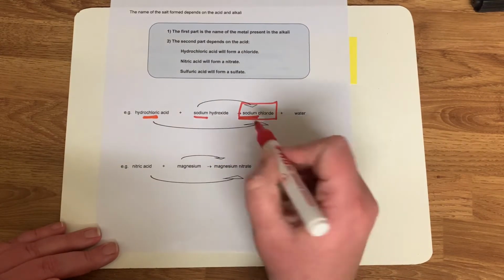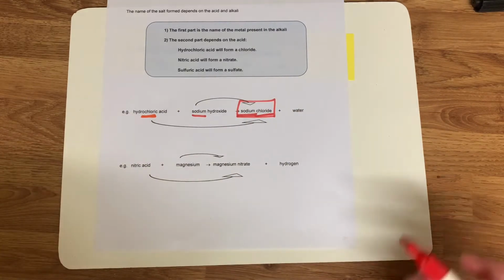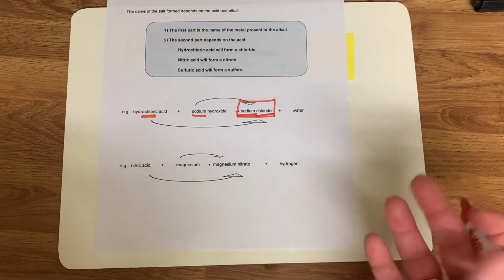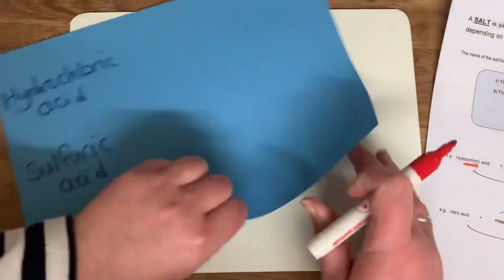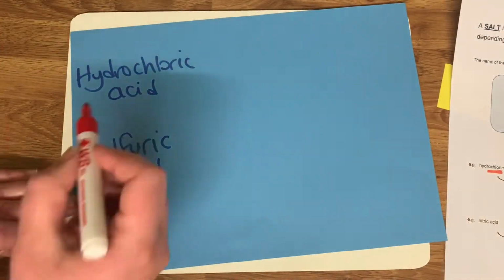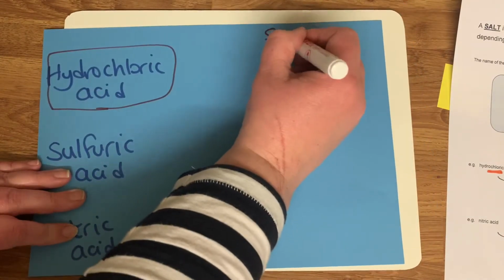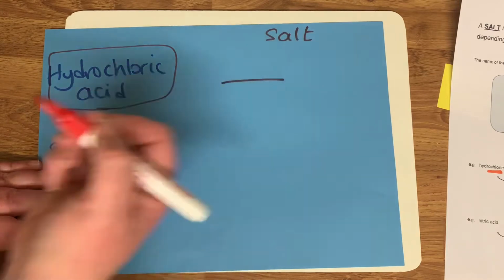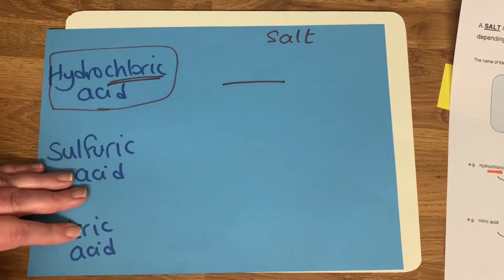We get sodium from the metal and we get chloride from the salt. And depending on which acid we use, we get a different name for the salt. So if we use hydrochloric acid, the salt that's formed will have the name of a metal in it, and then the second part of the name of the salt comes from the acid.